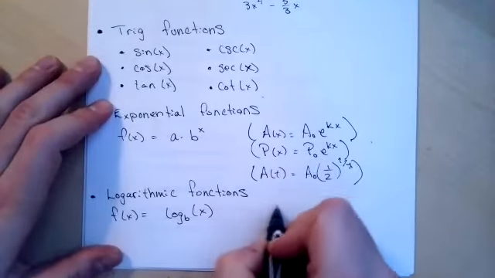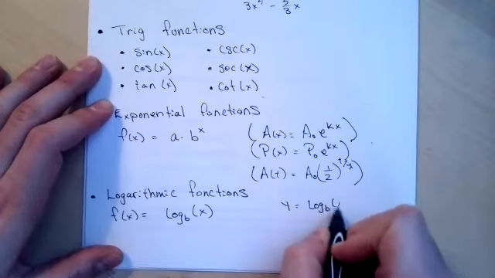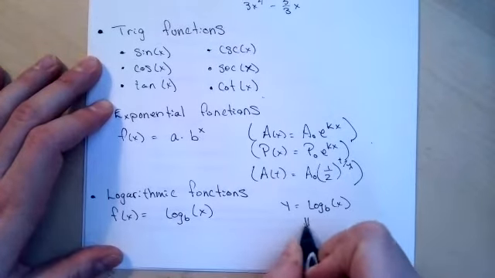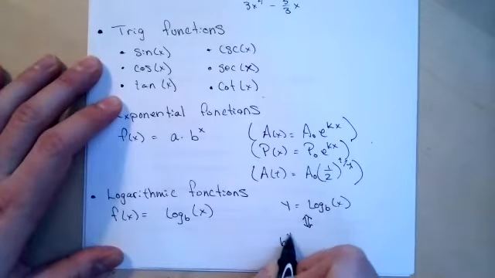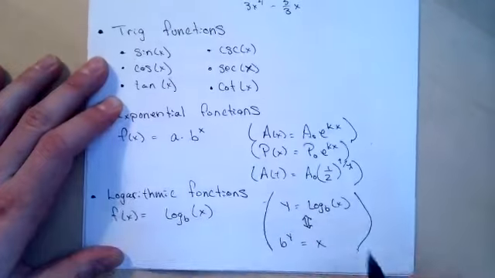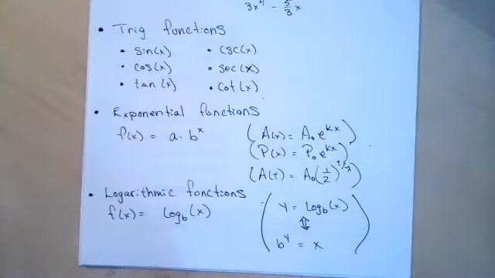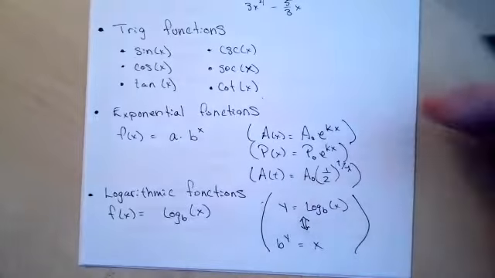So note that if we have y is equal to log base b of x, then this is the same as b to the y equals x. So hopefully this is all familiar from pre-calc, that the base of the logarithm and the base of the exponent are always going to be the same in the equivalent expressions of logarithmic versus exponential.